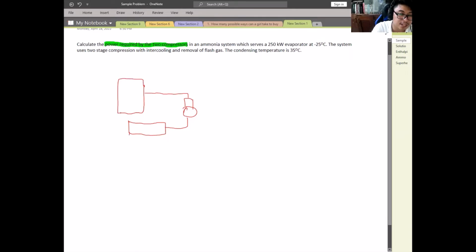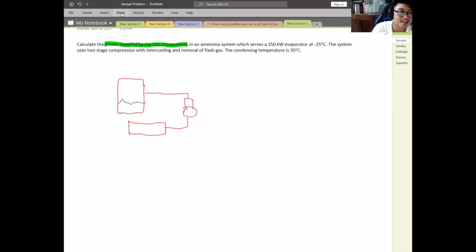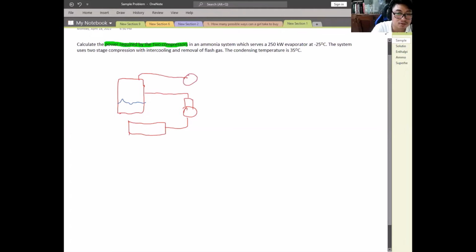Please read chapter 16 to better understand the operation of the flash tank. After the flash tank, let's add some water. There, in the flash tank. Then it goes back to compressor number 2, and after compressor number 2, the condenser. Then after the condenser, the expansion valve, or the pressure reducing valve.